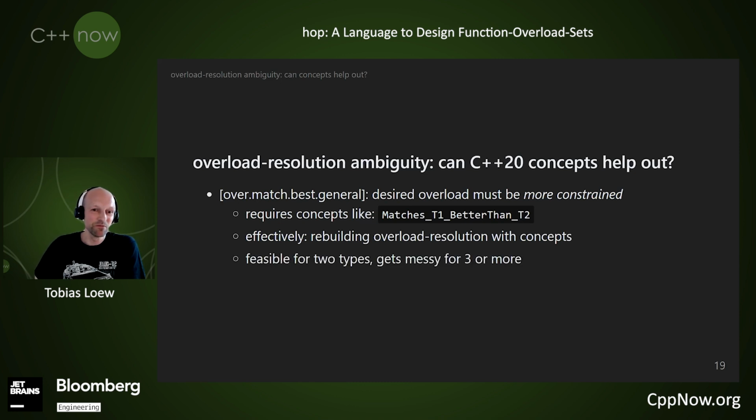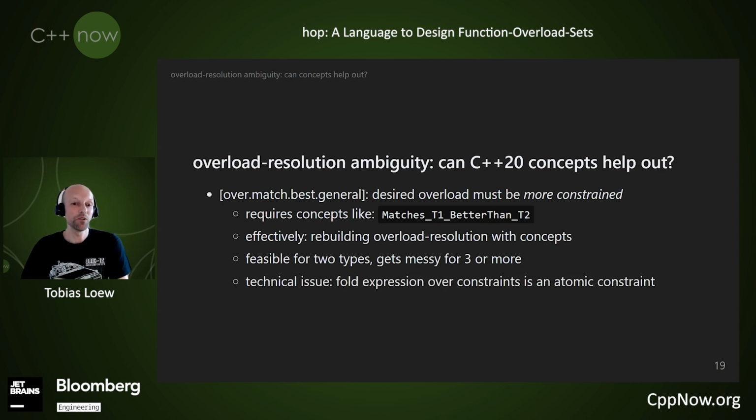This may be feasible for two types, but it gets very messy when you have three or more types, and you would have to specialize it on each type you want to use. And furthermore, there's a technical issue.